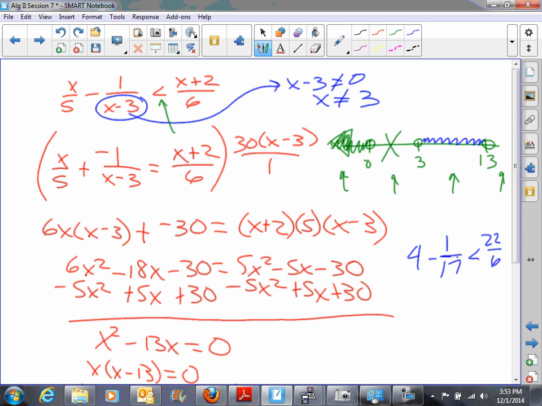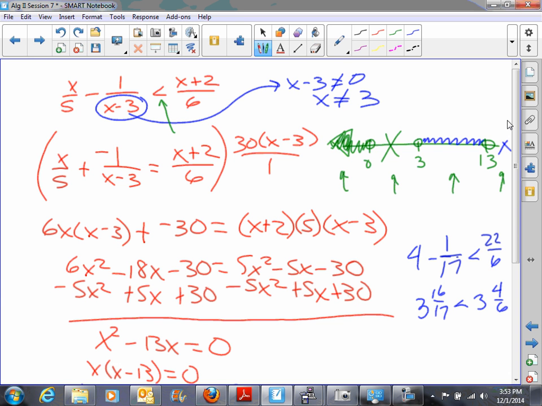Well, 22 over 6 is 3 and 4/6. This, by the way, is 3 and 16/17. And it's pretty obvious that 4/6 is less than 16/17. So we would say no, we don't want this region over here.